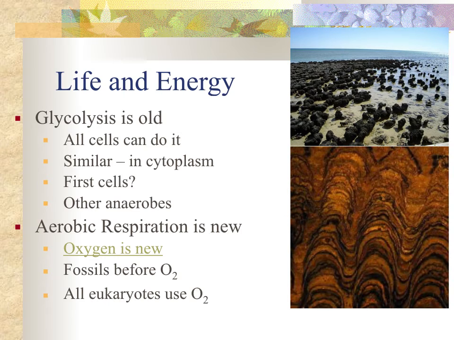In fact, we know aerobic respiration is new. Okay, and this is kind of the interesting thing. We know from this that only a small subset of cells, eukaryotes and some bacteria, can do aerobic respiration.